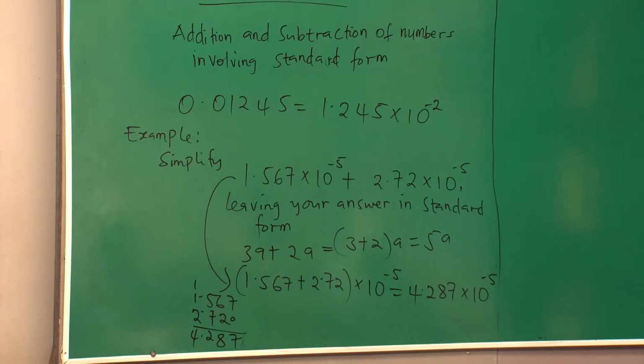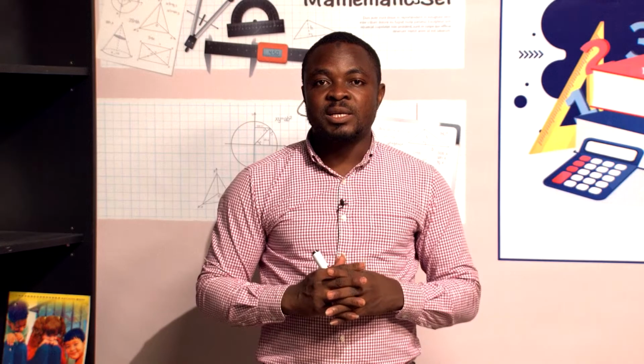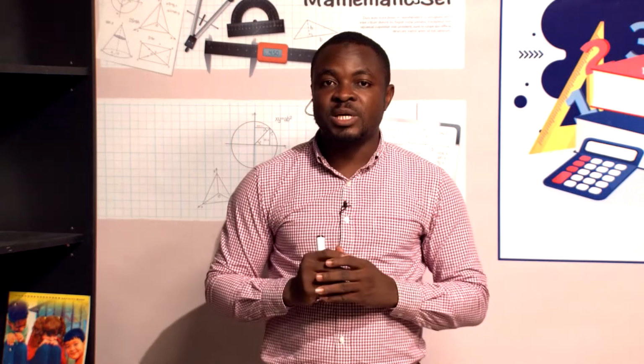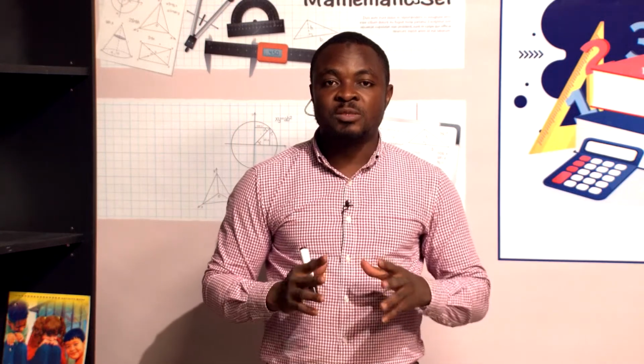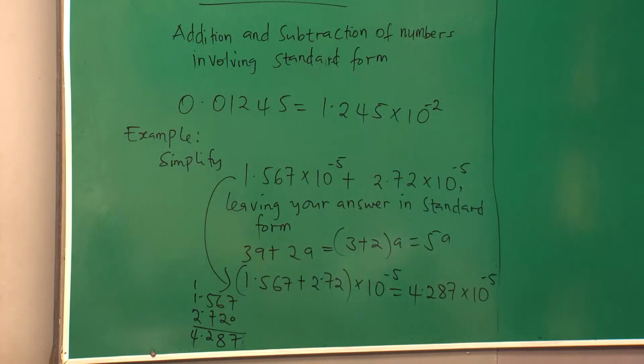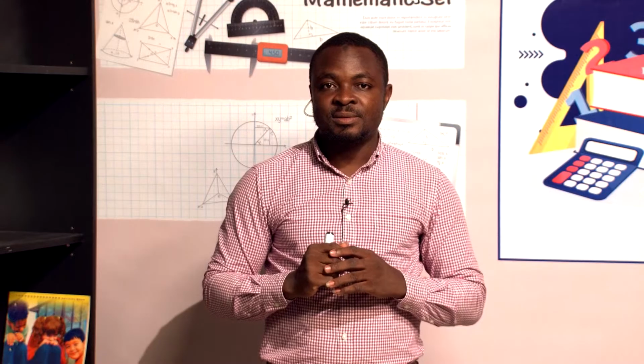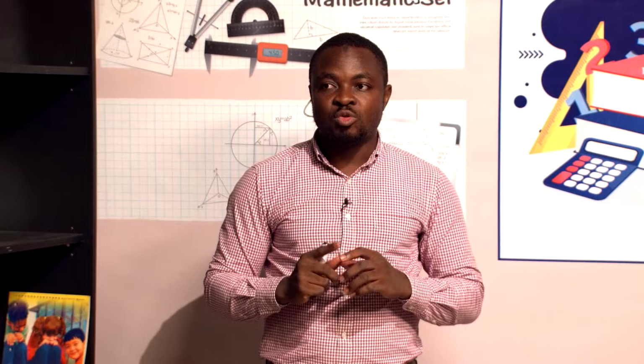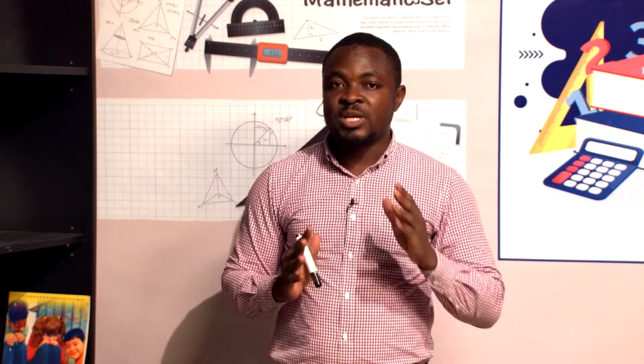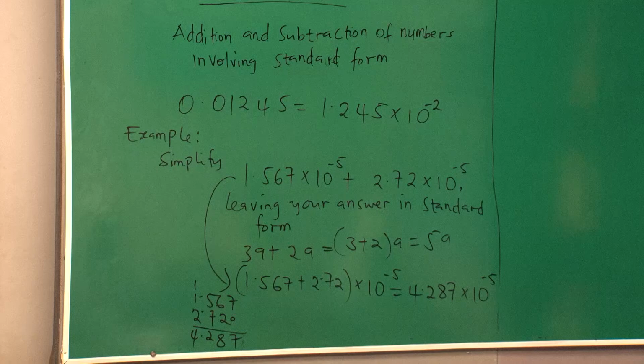So viewers, if you are confronted with addition of numbers involving standard form, make sure they are written to contain the same index. The index must look alike. In our example, the first one has 10 exponent negative 5 and the second one also has 10 exponent negative 5. It's like having the same variable in a statement. We can just factorize that variable and add the coefficients.